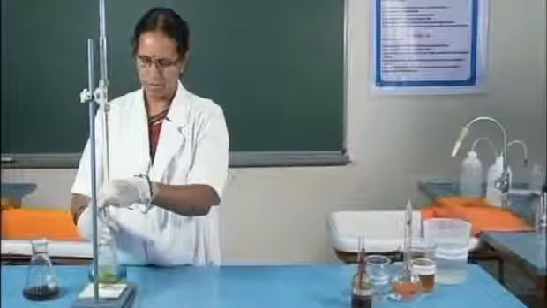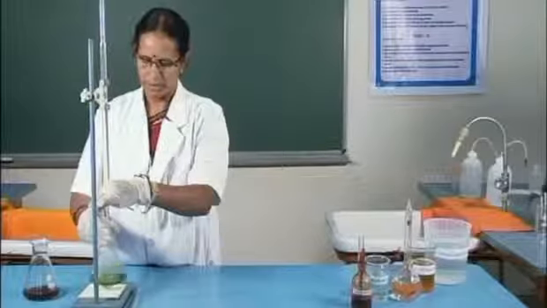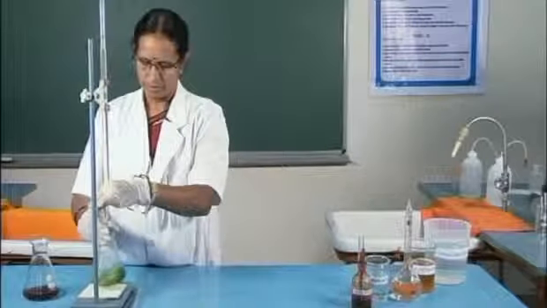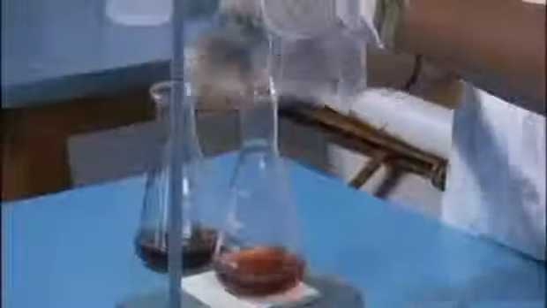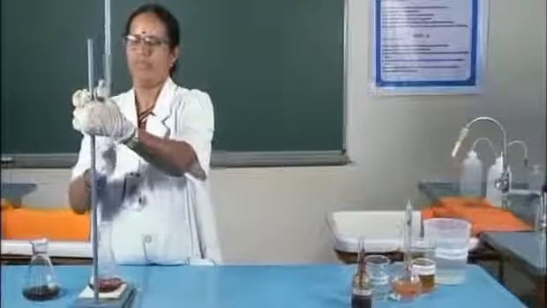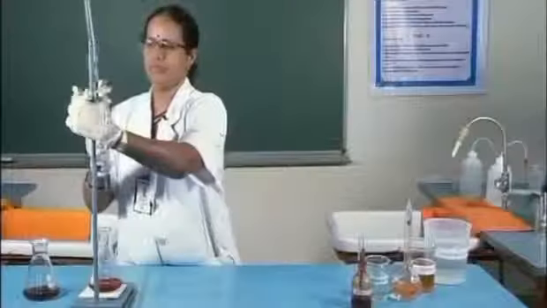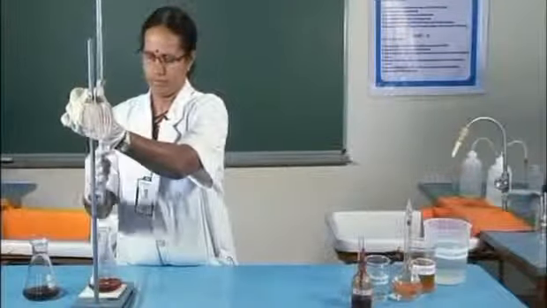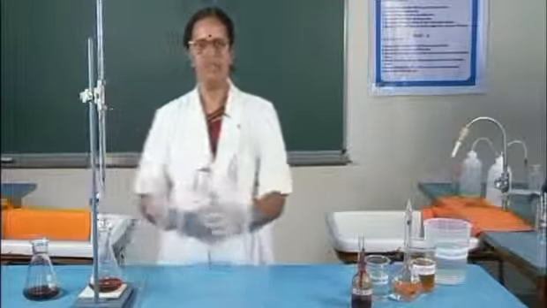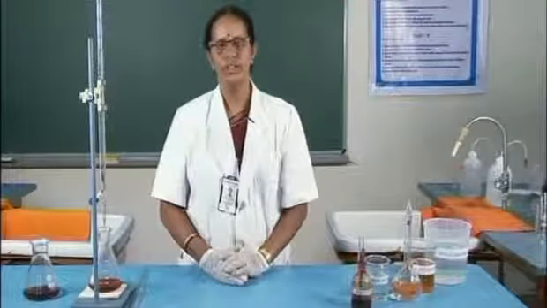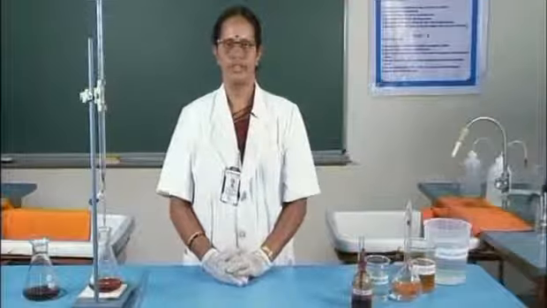Here also the color change will be from green color to reddish brown. Now the burette reading is 36.4. Similarly, 2 more titrations are conducted for the concordance.